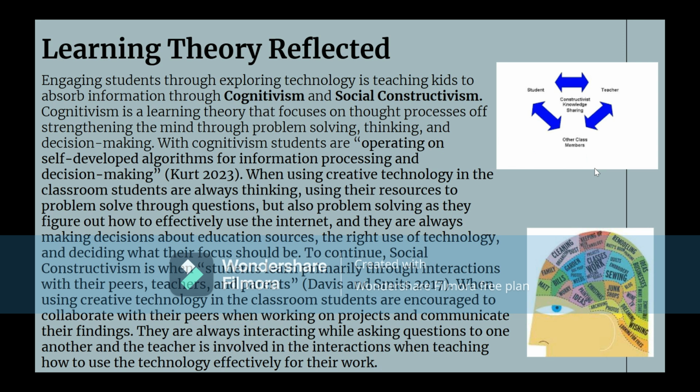With cognitivism, students are operating on self-developed algorithms for information processing and decision making. When using creative technology in the classroom, students are always thinking, using their resources to problem solve through questions, but also problem solving as they figure out how to effectively use the internet.